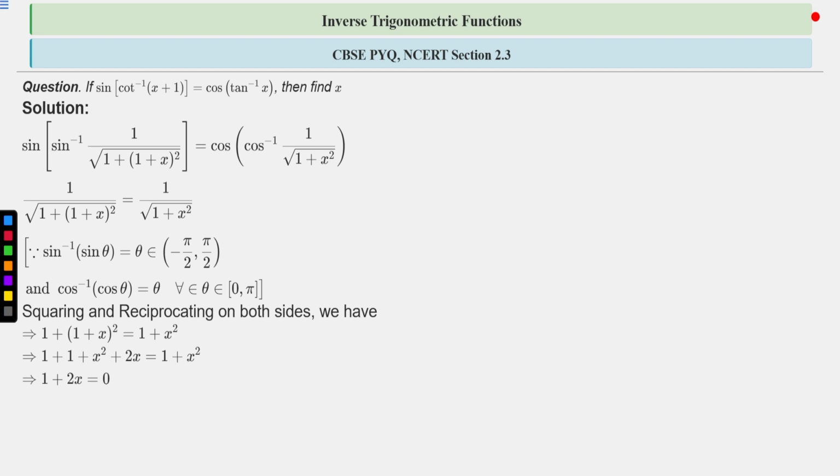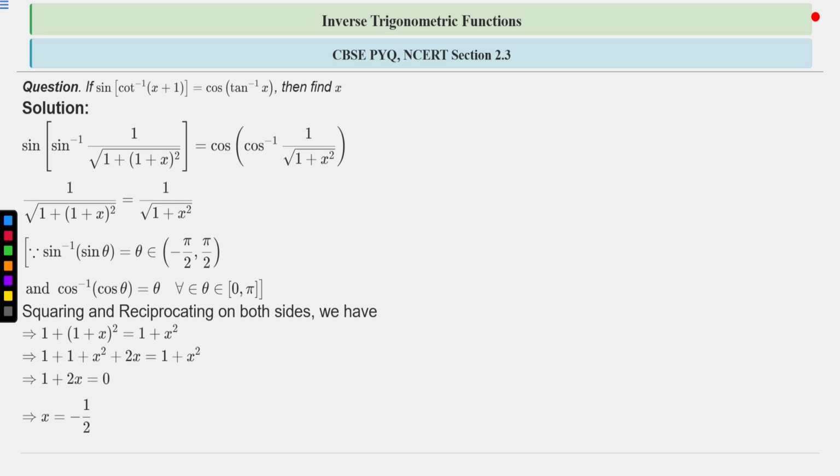So finally we will get 1 plus 2x will be equal to 0, because 1 will cancel out, x square will cancel out. Therefore x will be equal to minus 1 by 2. So x equal to minus 1 by 2 will be the right answer.